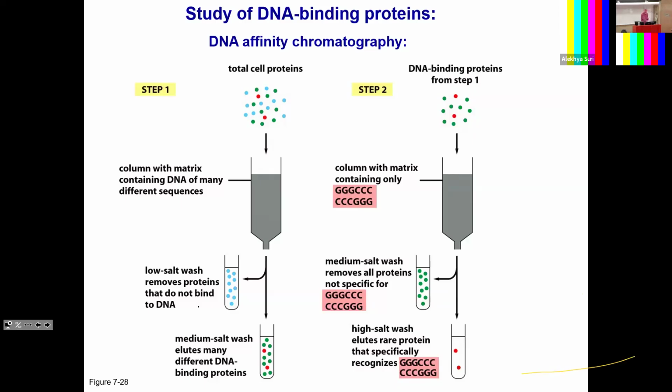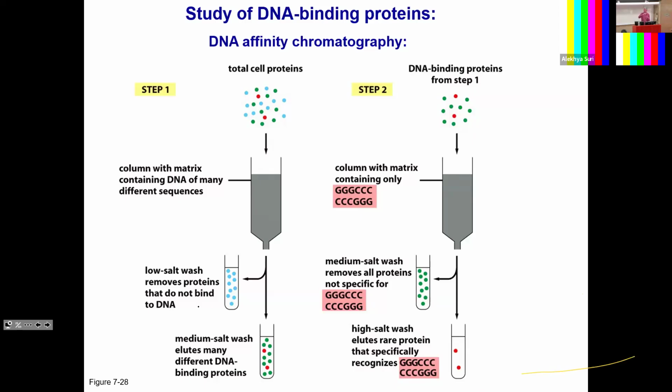You load this to a column material with these specific DNA sequences, so the short oligos here, and then you can isolate proteins that just bind to this DNA sequence, but all the others would be in the flow through. And then you would elute this specific protein that binds just to this DNA sequence with a high salt wash.